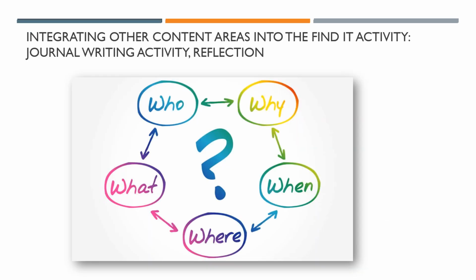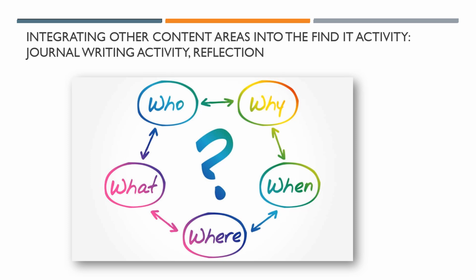After the students have completed the measurement activity and completed the chart, you can hold a discussion. In addition to the discussion, you could also include a journal writing activity or a reflection, where the students write about what they did.